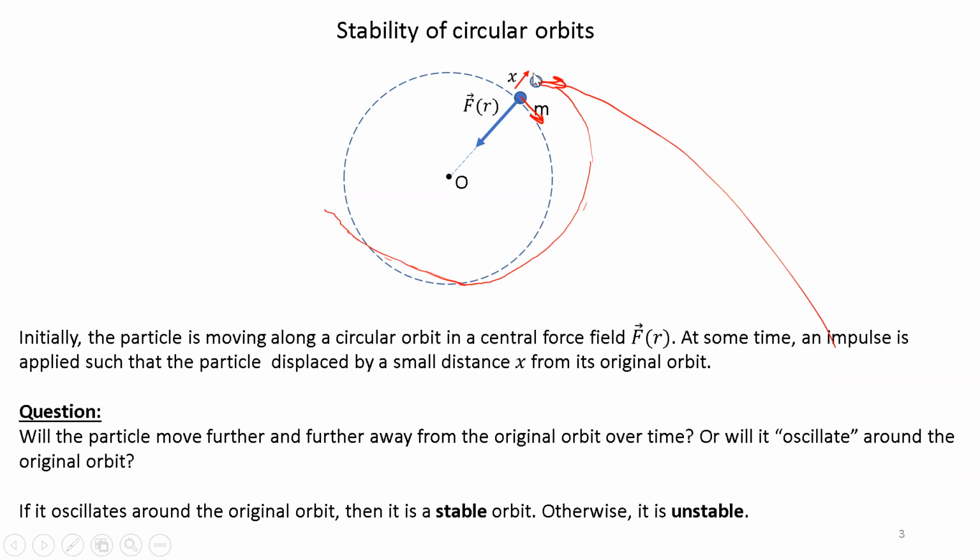If it is the second scenario, I will say this is a stable orbit. A stable circular orbit means that even if I give some disturbance, it won't fly away indefinitely. Otherwise, it is an unstable orbit.